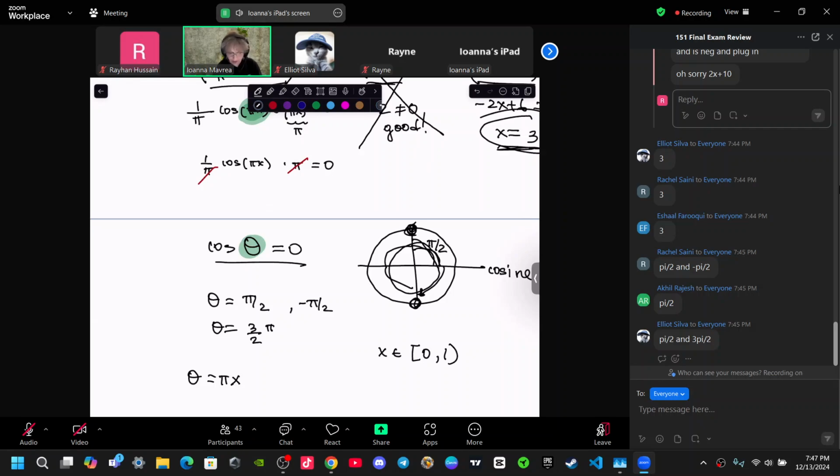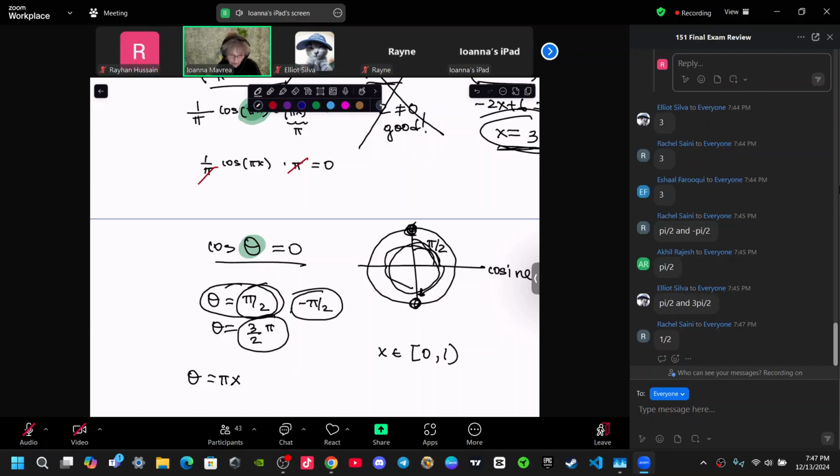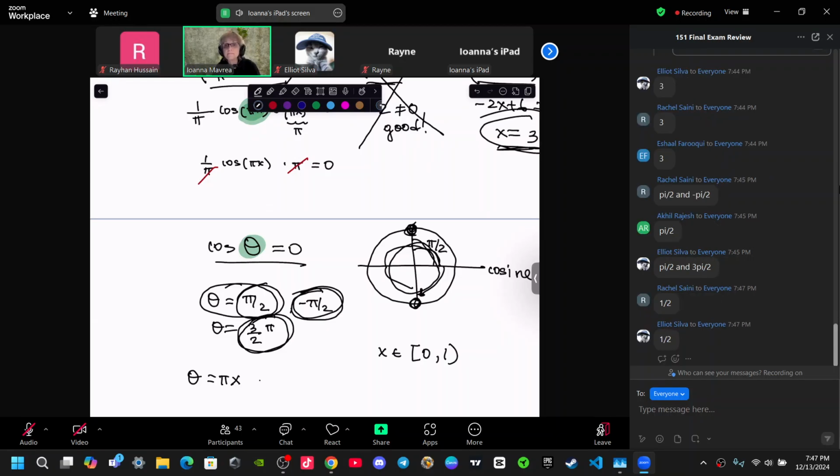So is there an x that makes theta equal to pi over 2, or definitely not negative, right? What x would work where theta is exactly one of those angles? Right, a half. So x is equal to a half would work, and sure enough, a half is in here. So that's a critical point.